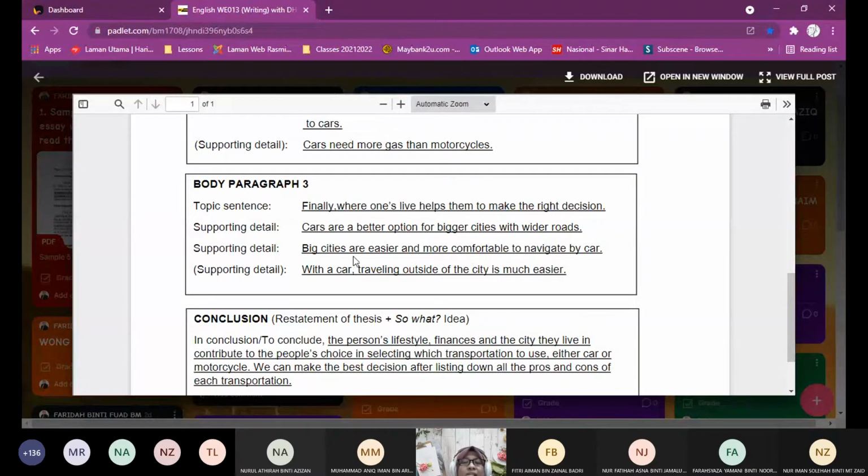So for big cities, here is another supporting detail: mention that big cities are easier and more comfortable to navigate. Certain things about big cities, maybe in terms of the weather and so on, and maybe because of Google Maps.